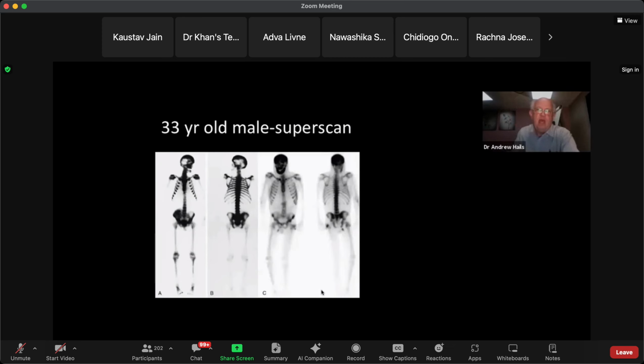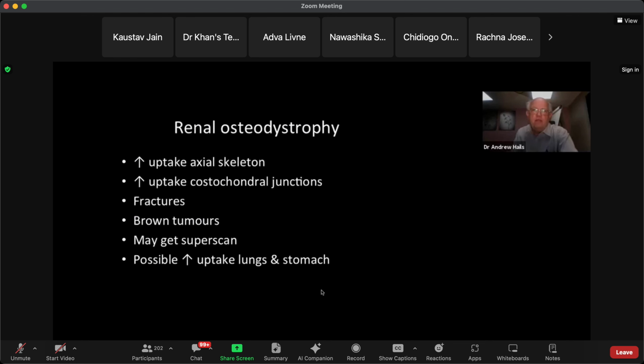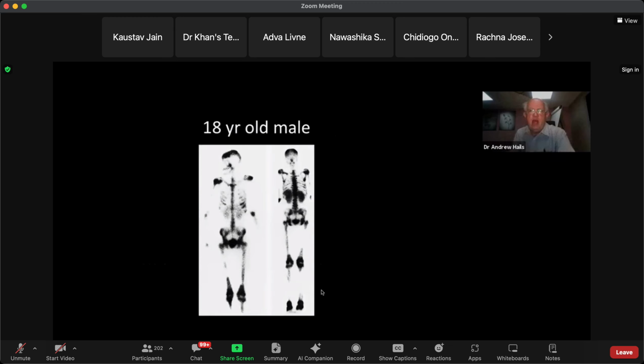So these are the features of renal osteodystrophy: increased uptake of costochondral junctions, fractures, brown tumours, and possibly increased uptake also due to calcification in the lungs and the stomach. I will ask you some more questions in a minute. I'm hurrying partly because of time, but also because this is not a very common sort of diagnosis to make.